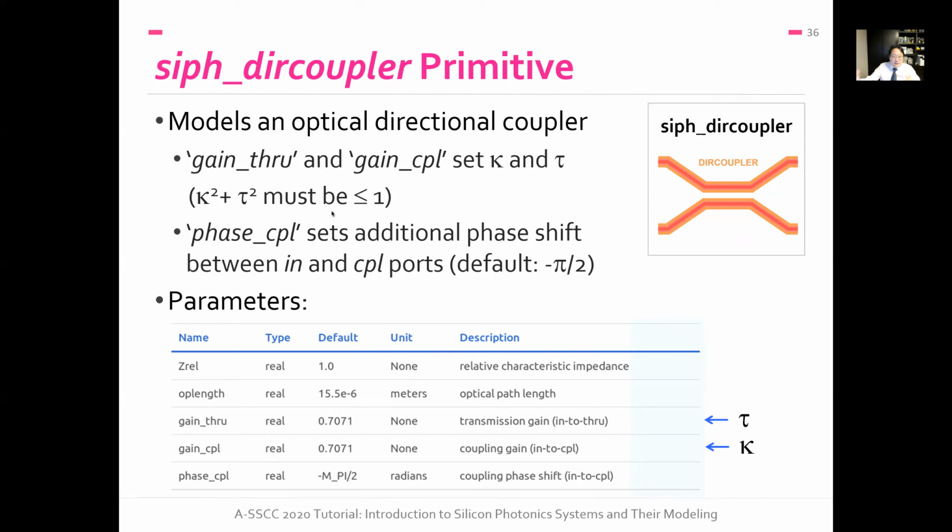After the propagation, the total energy has to be no more than the incident energy because this structure cannot generate energy by itself. There is a parameter called phase coupling, which describes the additional phase shift between the in and couple ports. Of course, the default is minus 90 degrees, but you can change it if you want.